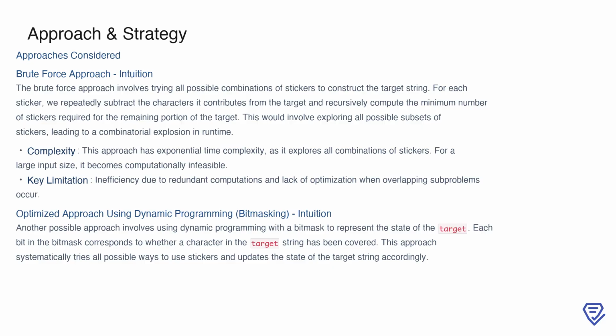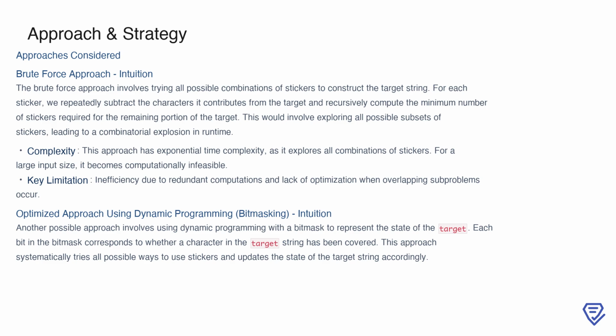While simple in concept, this approach quickly becomes computationally infeasible due to the sheer number of combinations that need to be explored. The time complexity is exponential, and the main limitation lies in its inefficiency. This inefficiency arises because the approach repeatedly solves overlapping subproblems, leading to a combinatorial explosion in runtime. It's clear that such an approach is not practical for larger input sizes.